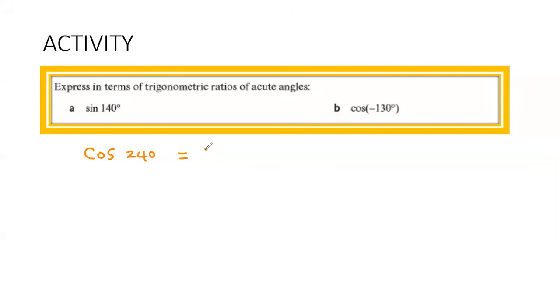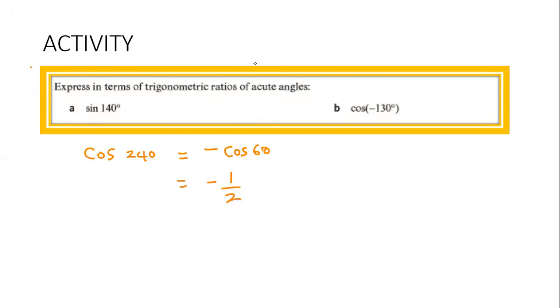So you need to know that this is the same as negative cos of 60. Then you remember your special angles, that this one is going to be negative root 3 out of 2. Is it negative root 3 out of 2 or not? It is a half. In fact, negative a half. So you need to remember that idea. That is where we are heading.